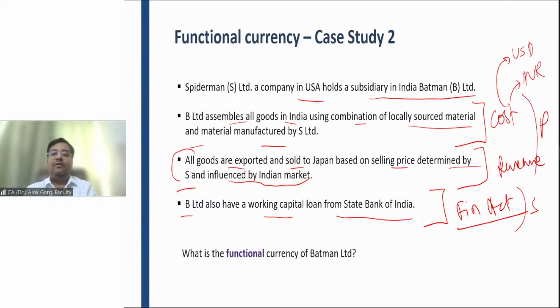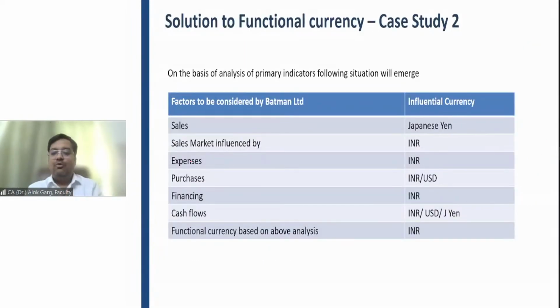Let's do the analysis. Sales, the revenue is into Japanese yen, right? But the revenue is influenced by INR. The currency which is influencing the sales is INR. Expenses is into INR. The purchases, the raw material is into INR and USD. The financing activities has been maintained in INR.